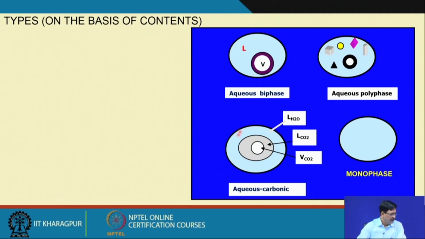This is an example of a situation where an aqueous liquid and a carbonic liquid are present, indicating that the fluid had an appreciable concentration of carbon dioxide, which we will be discussing. They may also occur as monophase conditions, only a liquid or a vapor.